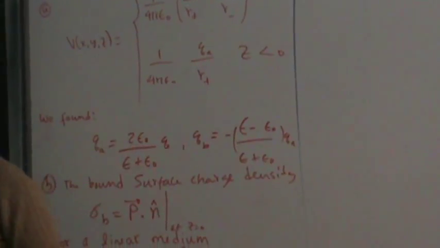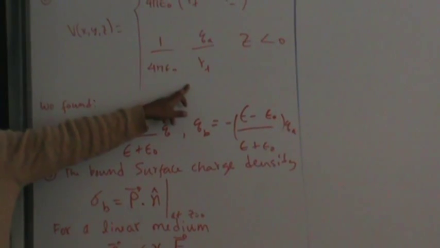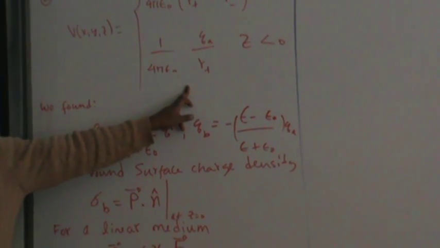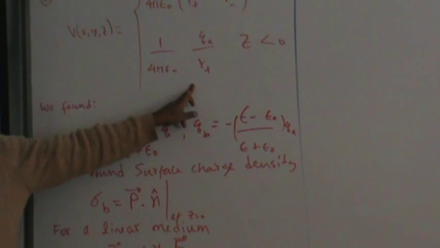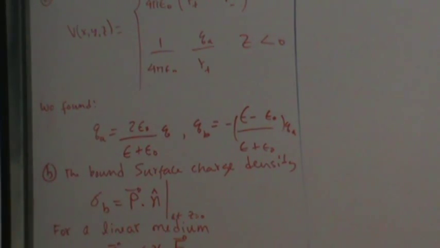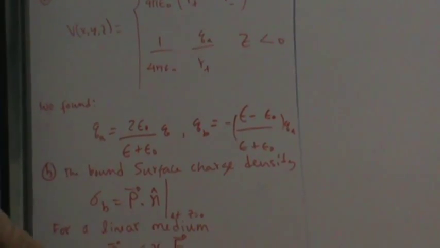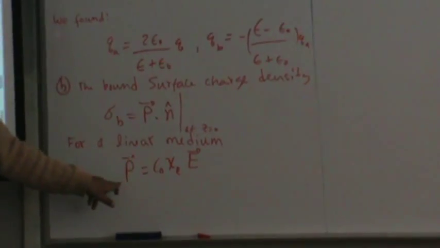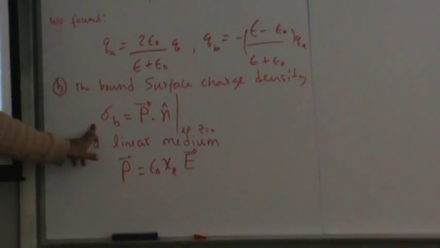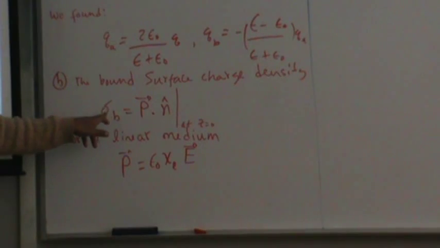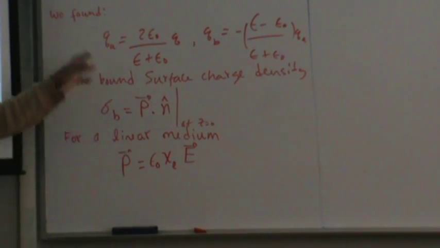So inside the polarizable media, this is what we use to find the electric potential. If you use this, take the gradient, evaluate it at z equals 0, then you can find the electric field, and using that polarization, you can find the surface bound charge density. I've done that in the lecture notes, you can look at it.